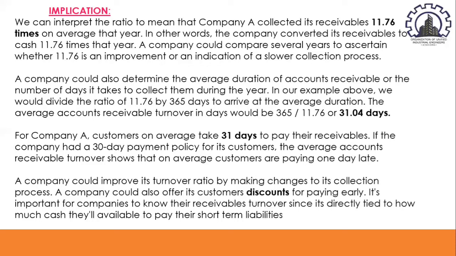In our example, we would divide 365 days by the ratio of 11.76 to arrive at the average duration, which is 31.04 days. For company A, customers on average take 31 days to pay their receivables.